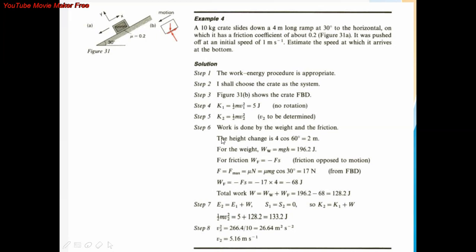Putting both values, we get 1/2 m v2 squared equal to 5 plus 128.2, and finally the final kinetic energy is 133.2 joules. Putting the value of m, we can solve for v2 also, and we get v2 equal to 5.16 meter per second.